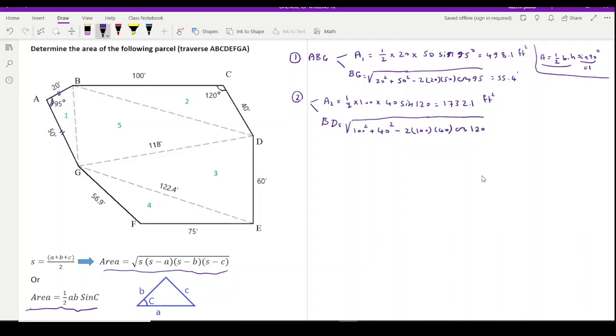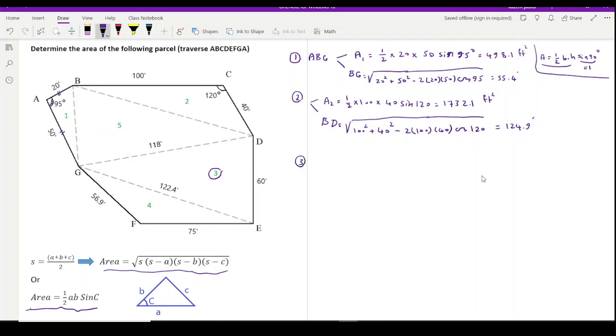This is the cosine equation. You have it in your surveying textbook, and if you solve this, then you will get 124.9 feet for BD.